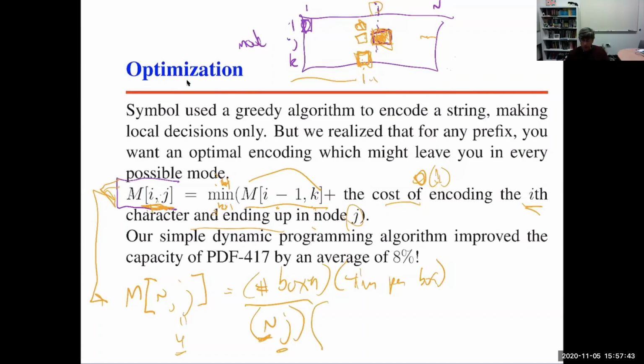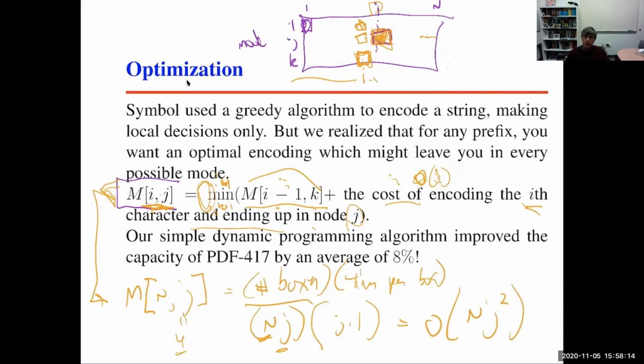How much time per box? j. This is going to go around j times, and it's going to look something up and do a local thing that involves one character. There's nothing really magical. So this is going to be j times 1, or j. The total time of this algorithm is order n j squared.